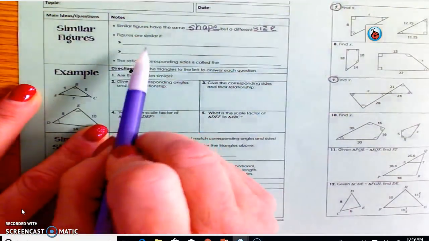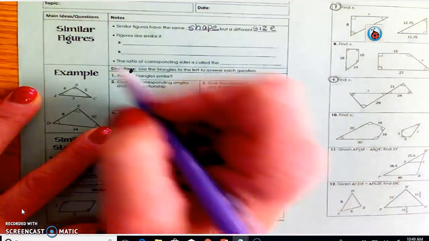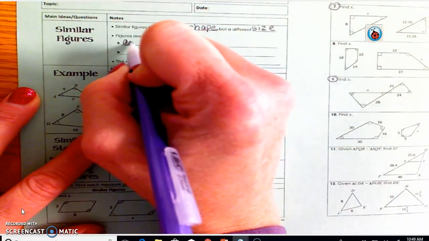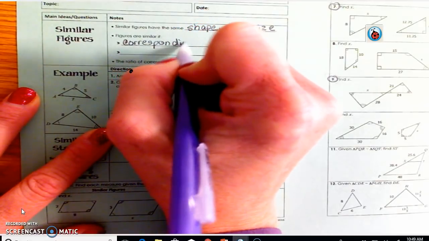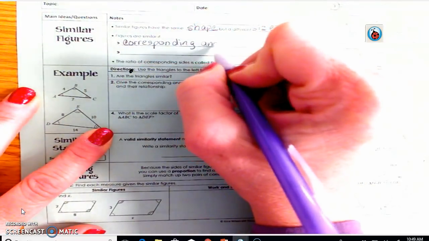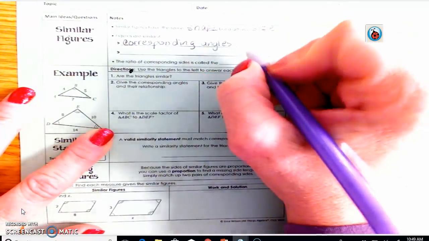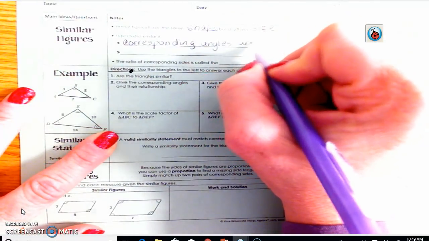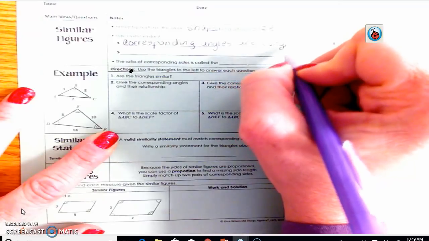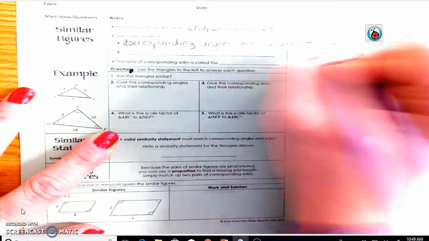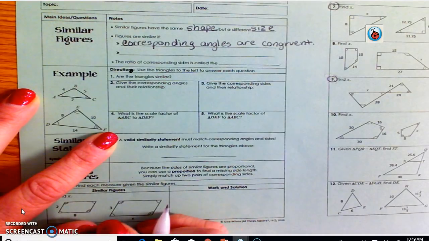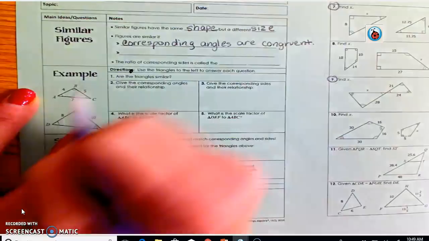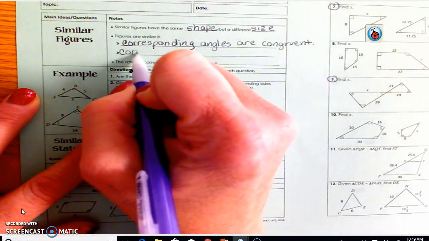And then figures are similar if two things have to happen. The first thing is corresponding angles have to be congruent. So corresponding angles are congruent. They are equal. And the second condition, corresponding sides are proportional.